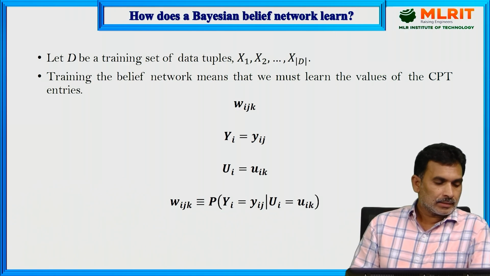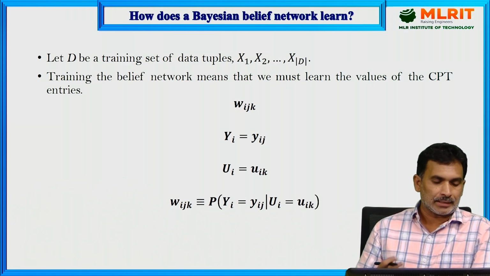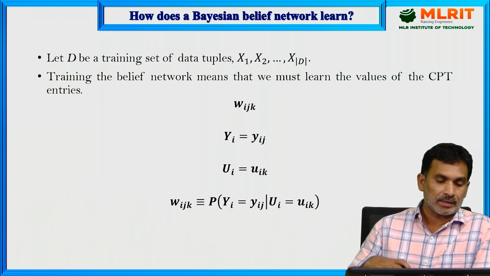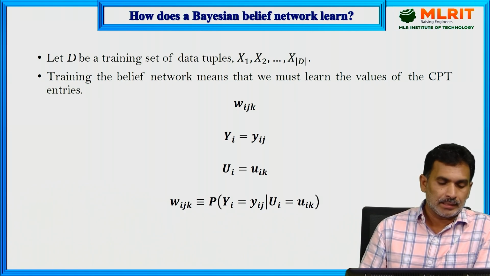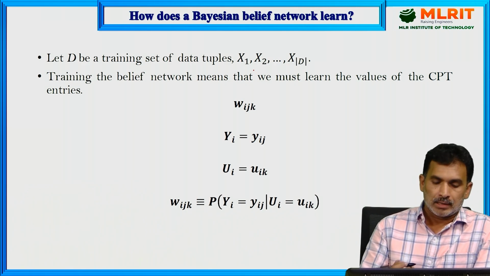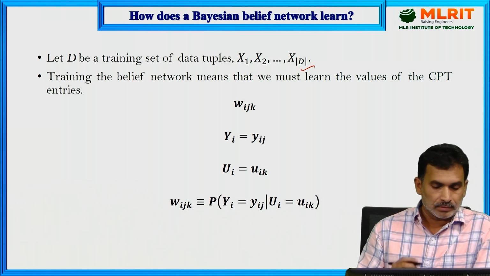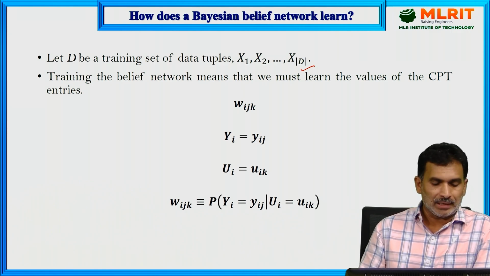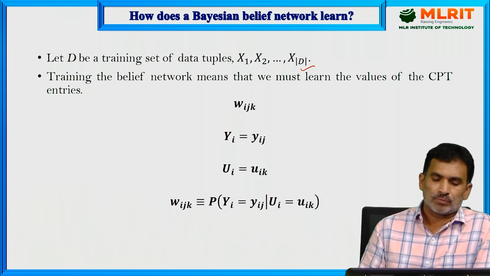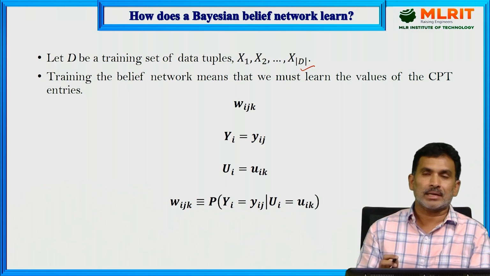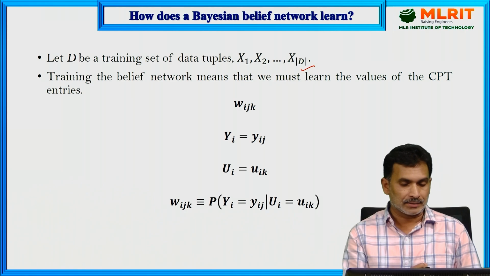Let us define the training set that will be given to this Bayesian belief network. Let D be a training set of data tuples X1, X2 and so on, and let the size of the data set be the number of samples. Training the belief network means we must learn the values of the CPT entries, the conditional probability table entries.